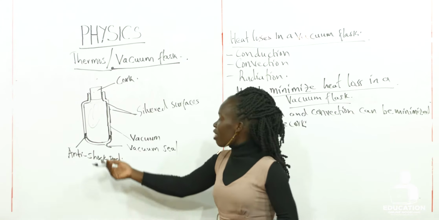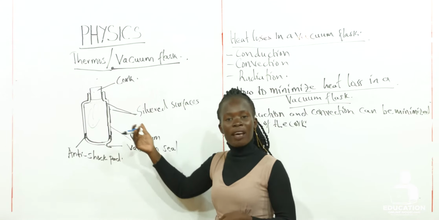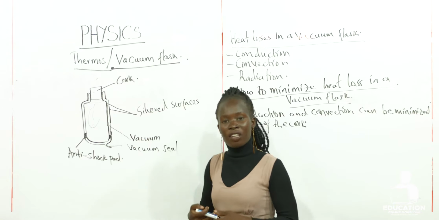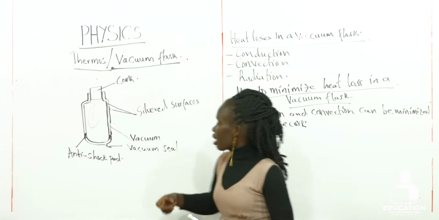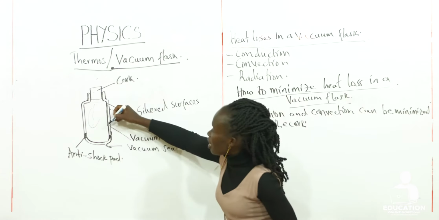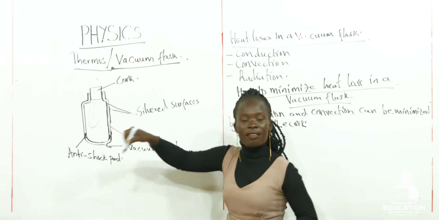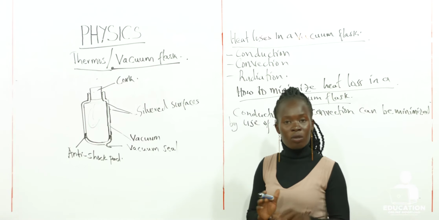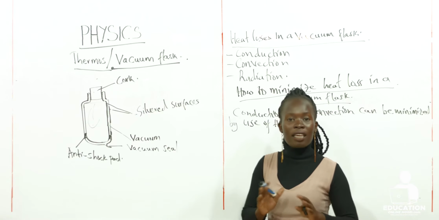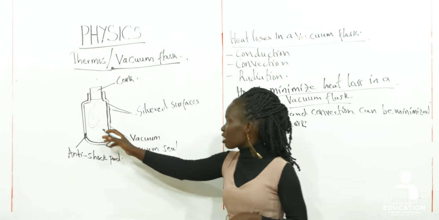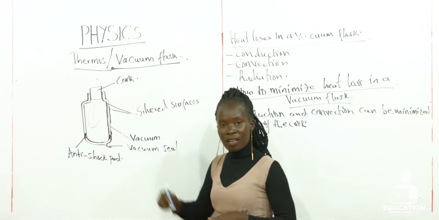So that vacuum minimizes heat loss by conduction and convection, because if there is no material medium there, and conduction needs direct contact. If there is no direct contact between the two systems, no heat loss will occur from the first silvered surface to the second.